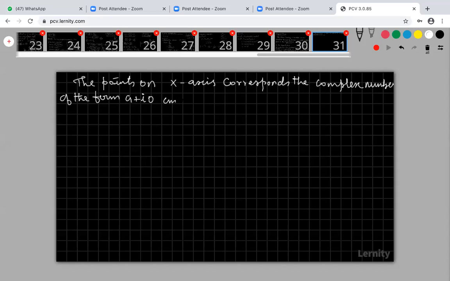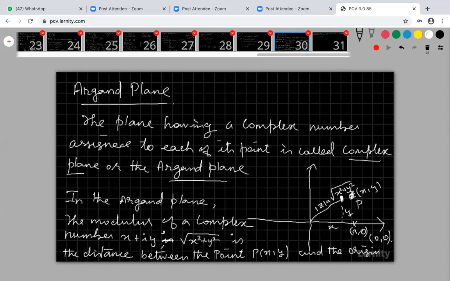Similarly, my y-axis corresponds to complex numbers of the form 0 plus ib. If you take any point on the x-axis, that represents a comma 0, and the complex number representing the points on the x-axis is a plus i0.